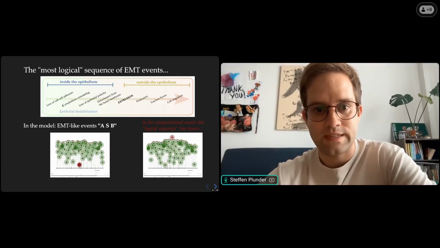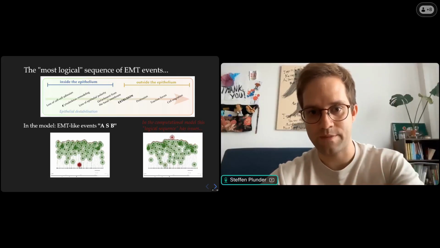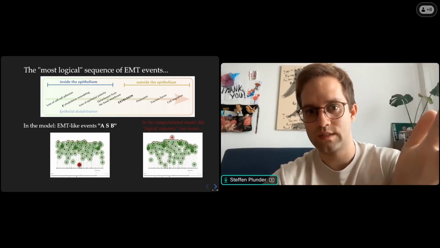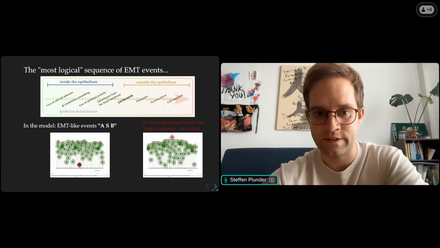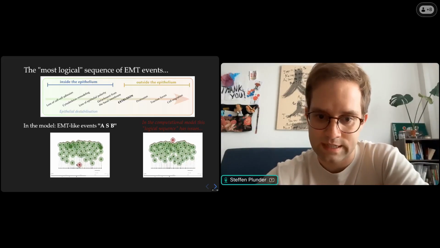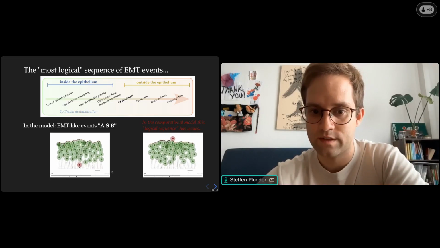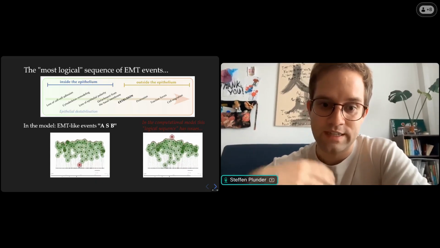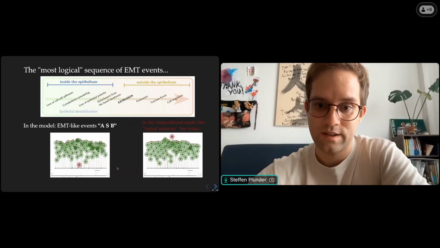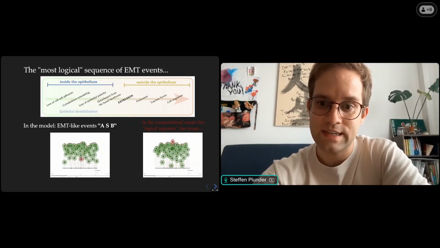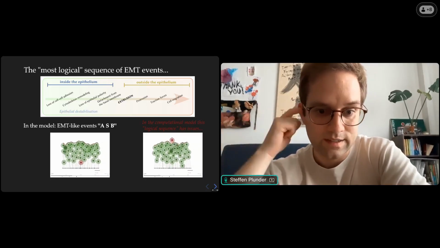And if you're implementing this, this would be A, lose apical adhesion, S, lose polarity, B, lose detachment from basal membrane. And when we do that, the simulation looks quite nice. It actually happens that the cell is very close to the basal membrane. But the same simulation with another initial condition, it happens in like 10% of the cases that the cell is actually going out on the apical side.